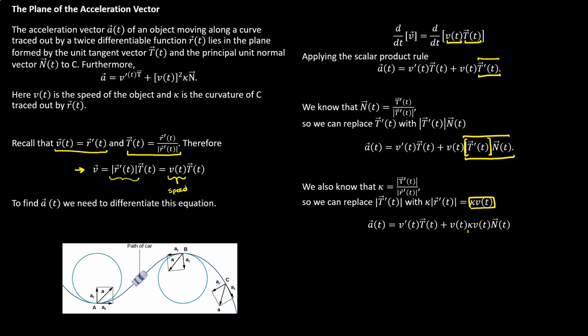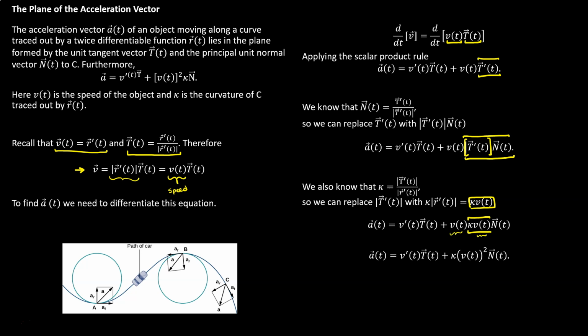So we're replacing the magnitude of t prime with kappa v of t, or kappa speed. And then we can clean that up a little bit to write that as kappa times v of t squared, since there was a v of t factor here, and now there's another one here. So it's like we have a square.